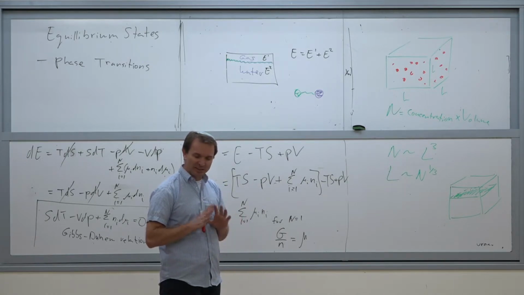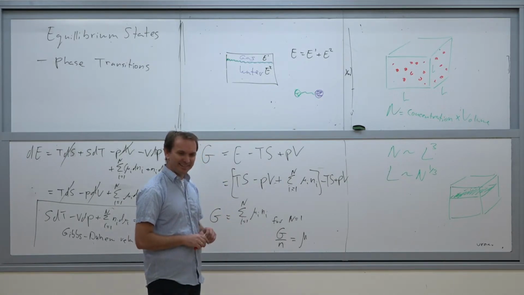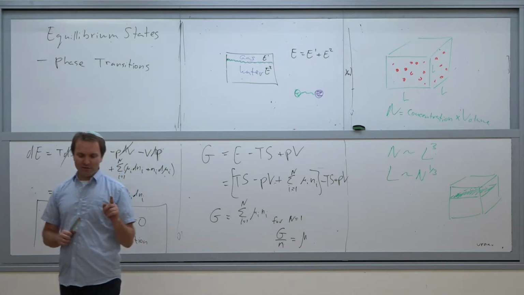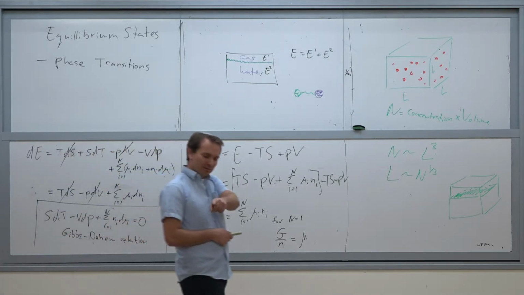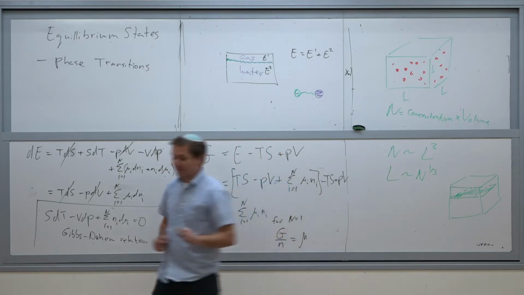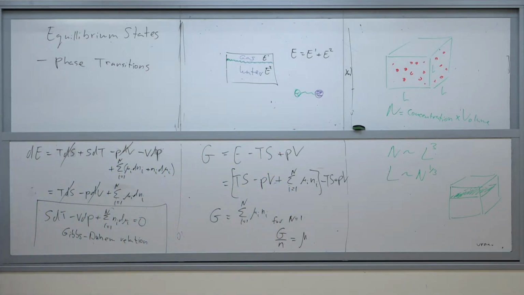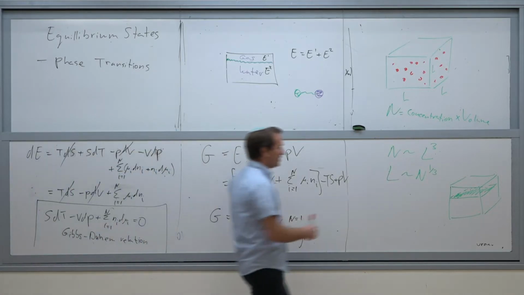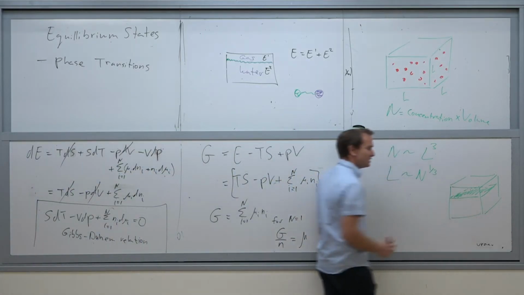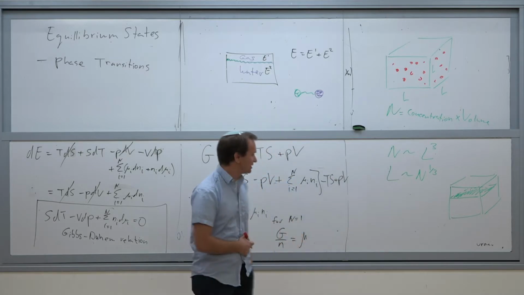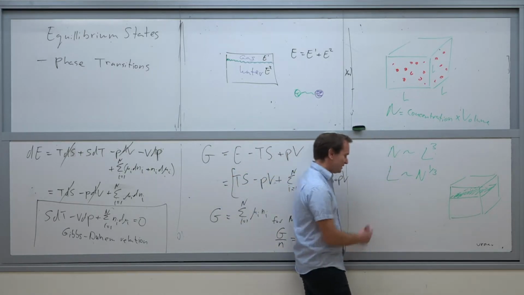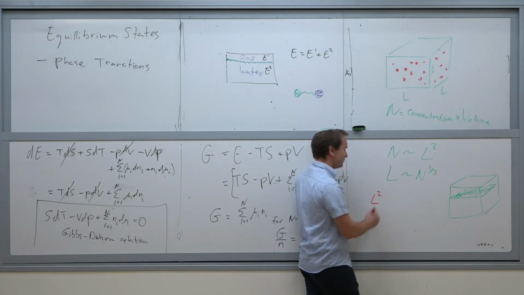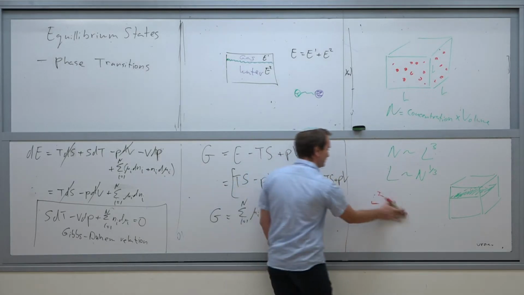Yes, this would be exactly the claim. But it might be a huge interaction, if they are short range. Who said it's short? Okay, wait. So what is the size, or what is the surface of this guy? The surface is L squared, right? This is the surface.